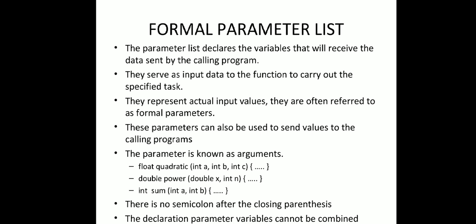And then we have int sum. It means we are going to add some integer values, and it will return only integer values. The first data type, int, specifies that this function will return only integer values, and inside the parentheses we have int a and int b.